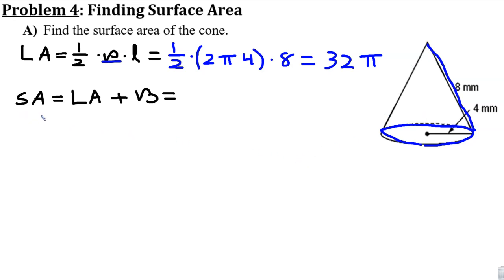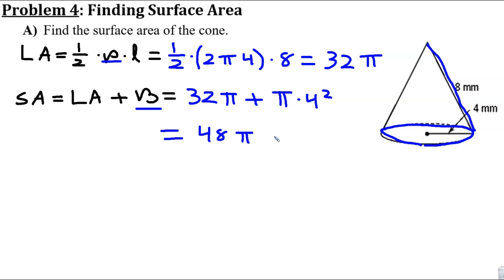And then for the surface area, we have lateral area plus B. Lateral area we just said is 32 pi. And then plus B, once again, B stands for the area of the base. In this case, our base is a circle, so we'll say pi r squared for the area of that circle. So pi times 4 squared. And again, I'll plug this in terms of pi. 32 plus 4 squared is going to give me a 48.